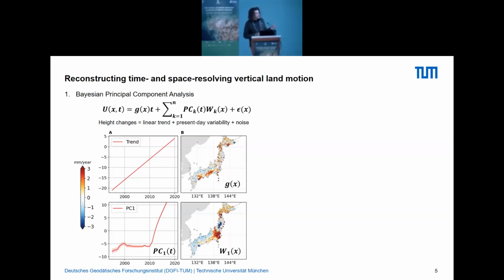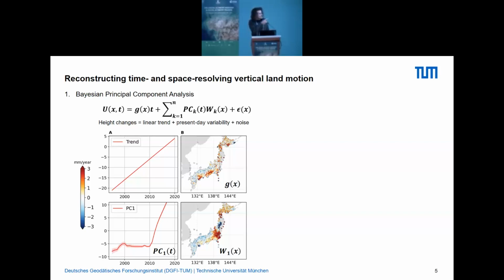Here this component called PC is a time series, which is then multiplied with a spatial field, somewhat similar to an EOF approach. But for this analysis, I use a Bayesian approach to solve for these fields, because we cannot apply a standard EOF approach due to the incompleteness of the data.